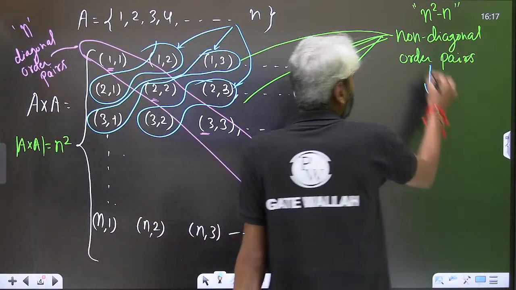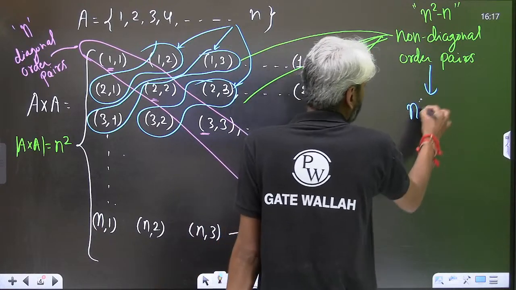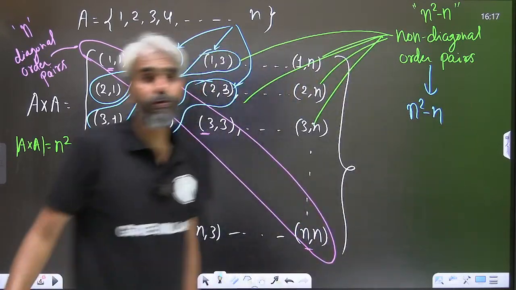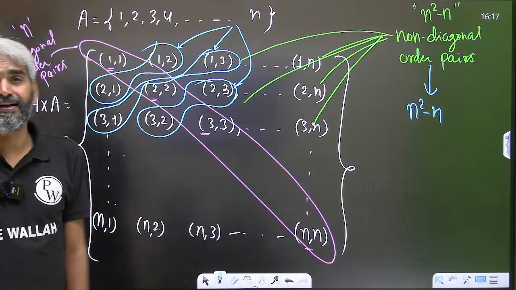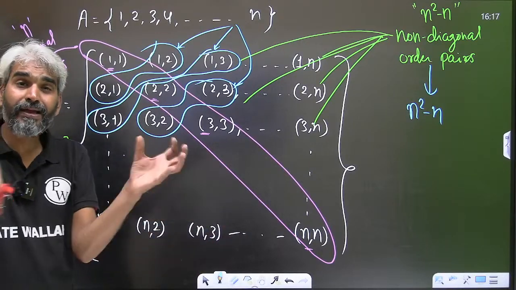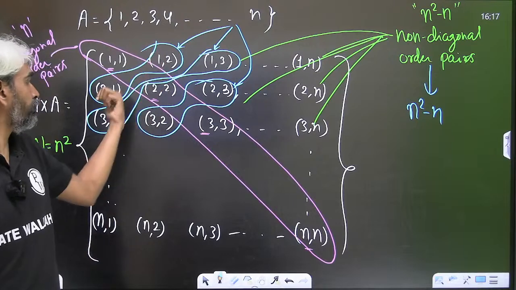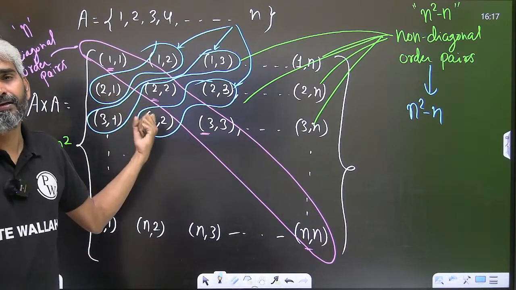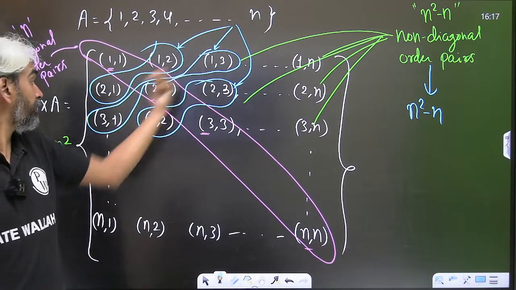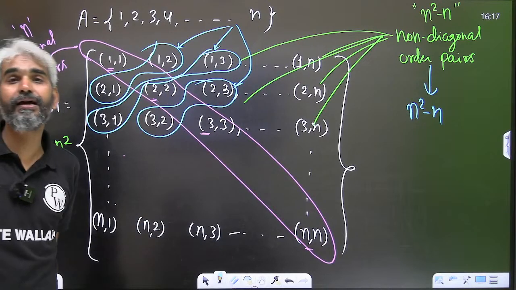Overall, non-diagonal ordered pairs are n squared minus n. (1,2) and (2,1) will be combined in a single symmetric pair of non-diagonal ordered pairs. (1,3) and (3,1) will be combined into a single symmetric pair.